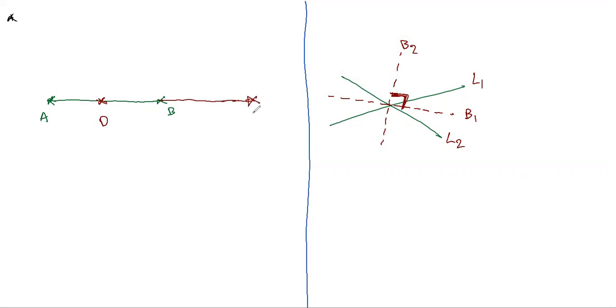If you want to find what points divide this in a fixed ratio, let us say K is to 1, then you will get two fixed points D and D dash.